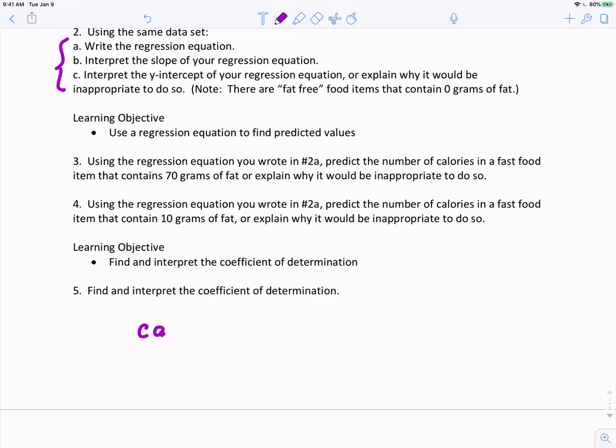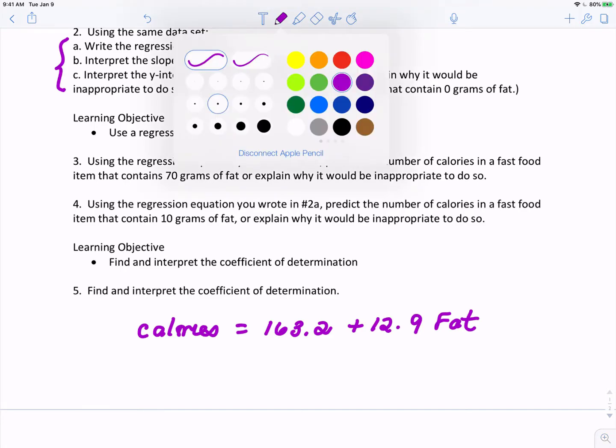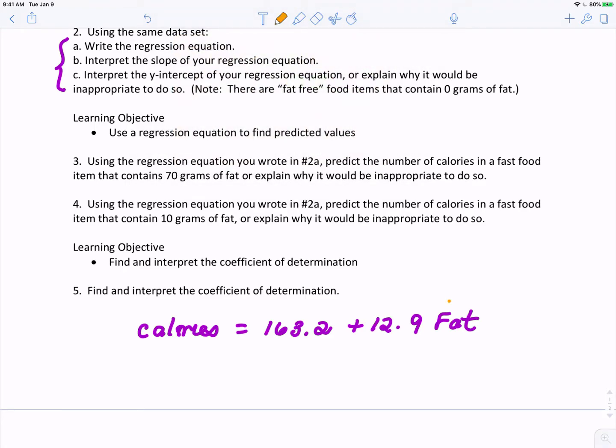So our regression equation was calories is equal to 163.2 plus 12.9 times fat. And so to use the regression equation, you simply replace fat with the numbers that you're given.